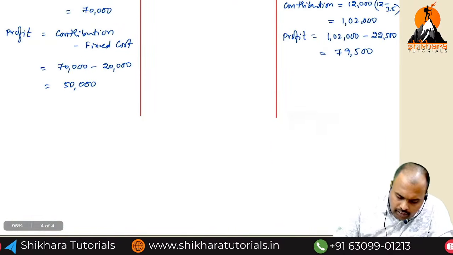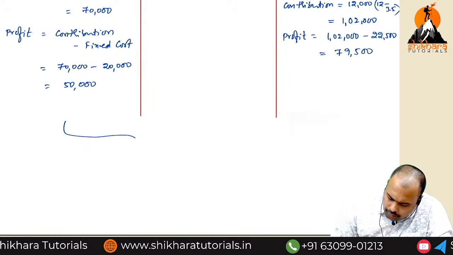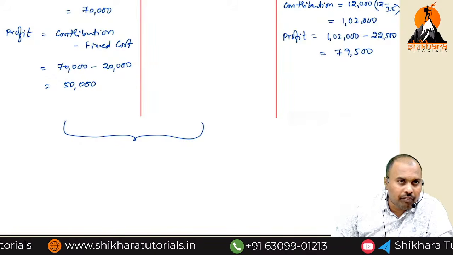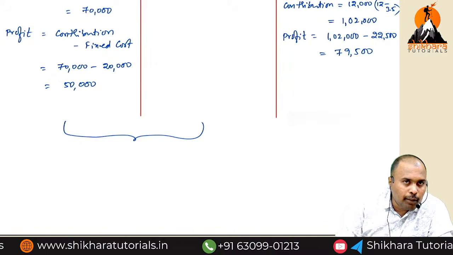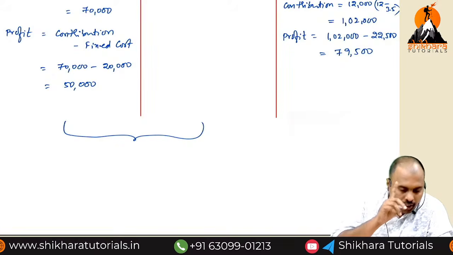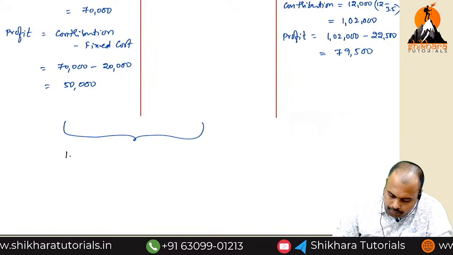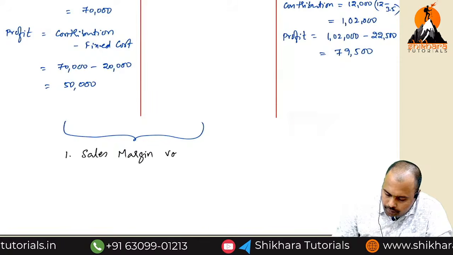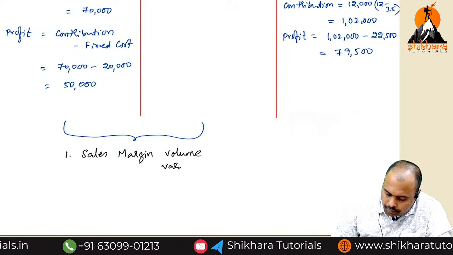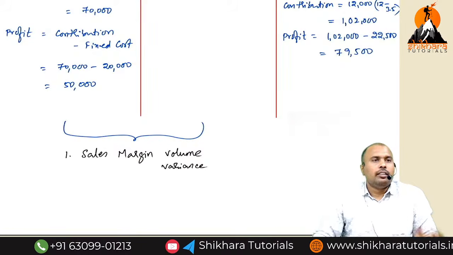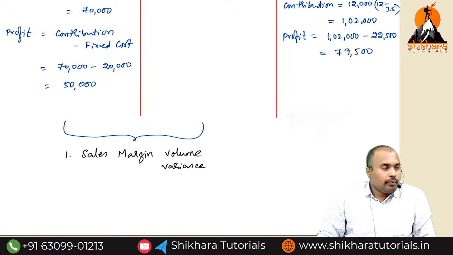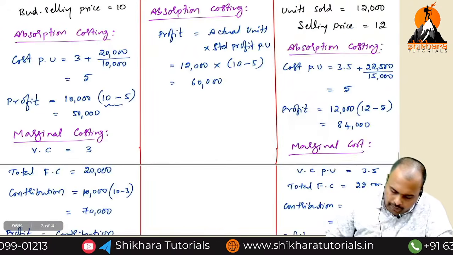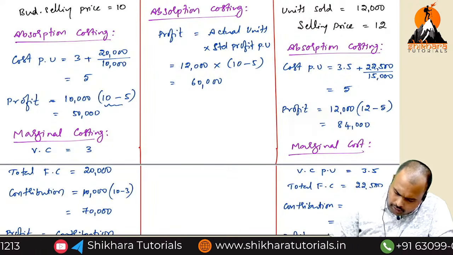It means, what is the reason for the difference between budgeted profit and standard profit? Only one reason. What is that? Sales margin volume variance. That is the only difference between standard profit and budgeted profit. Clear? Understood, right? Okay. Then let's go for marginal costing.